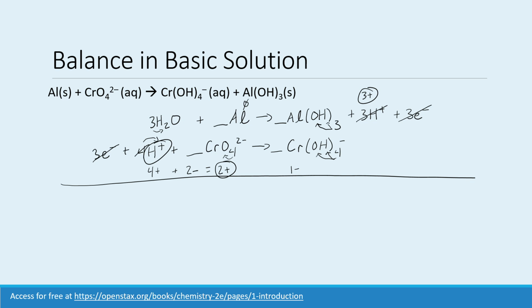And then everything else should still be there, so we can write this out where we've got 1 hydrogen ion plus 3 water molecules plus aluminum and our chromate ion, and then our 2 products.